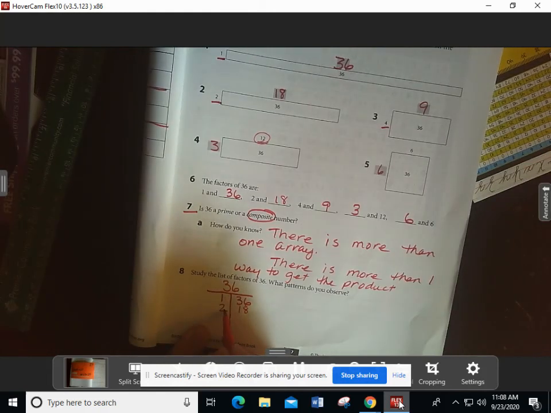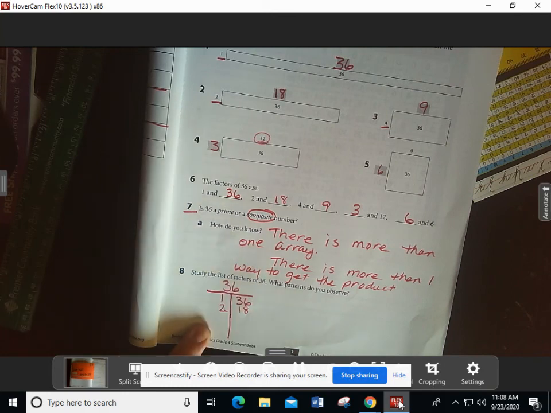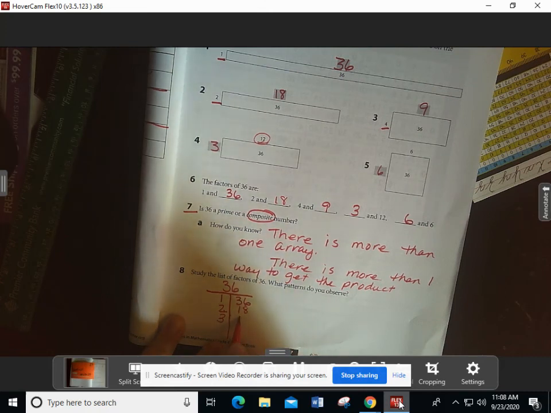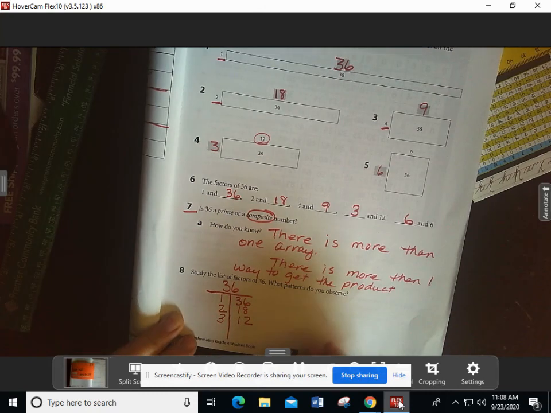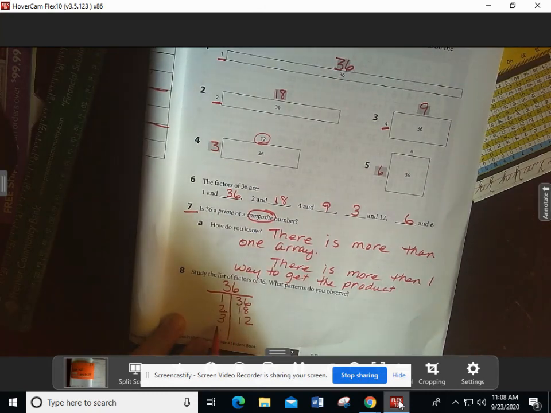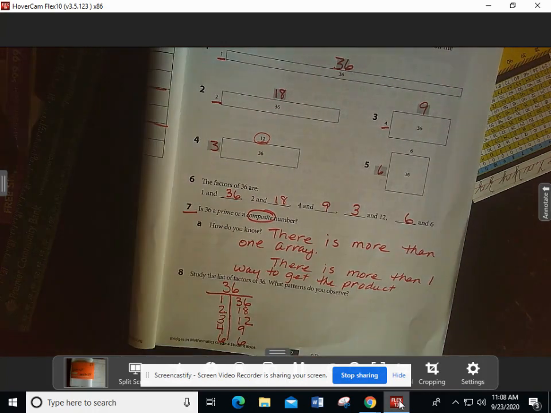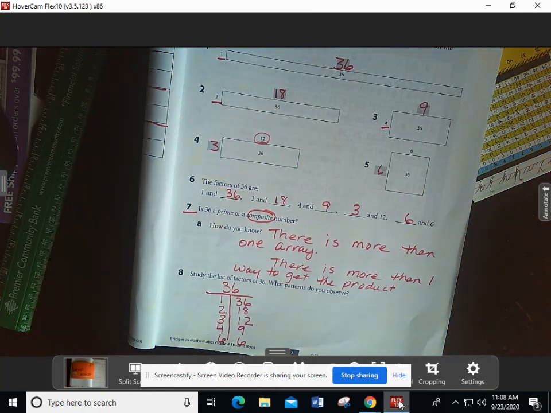When we doubled this one got smaller. 3 doesn't fit that so well. 3 and 12. 4 and 9. 6 and 6. So again, what patterns do you observe?